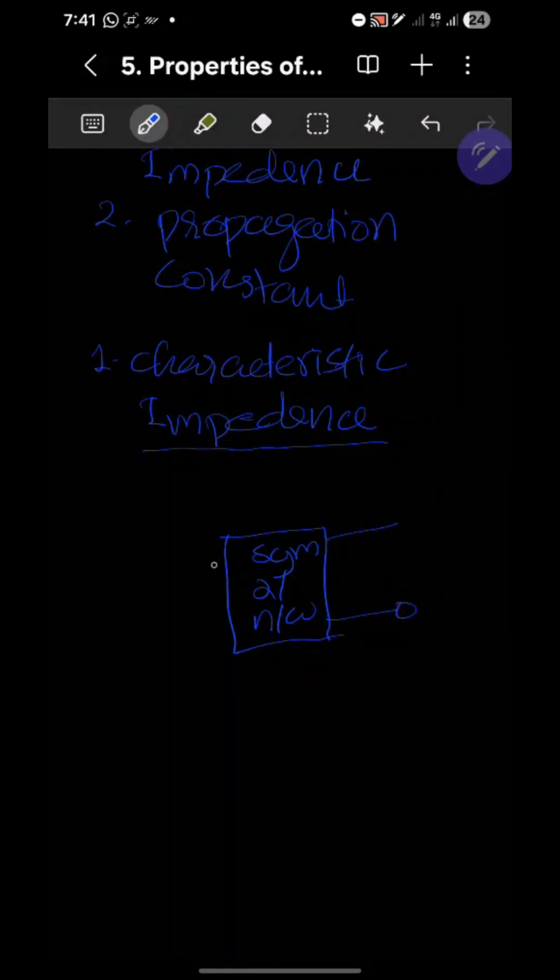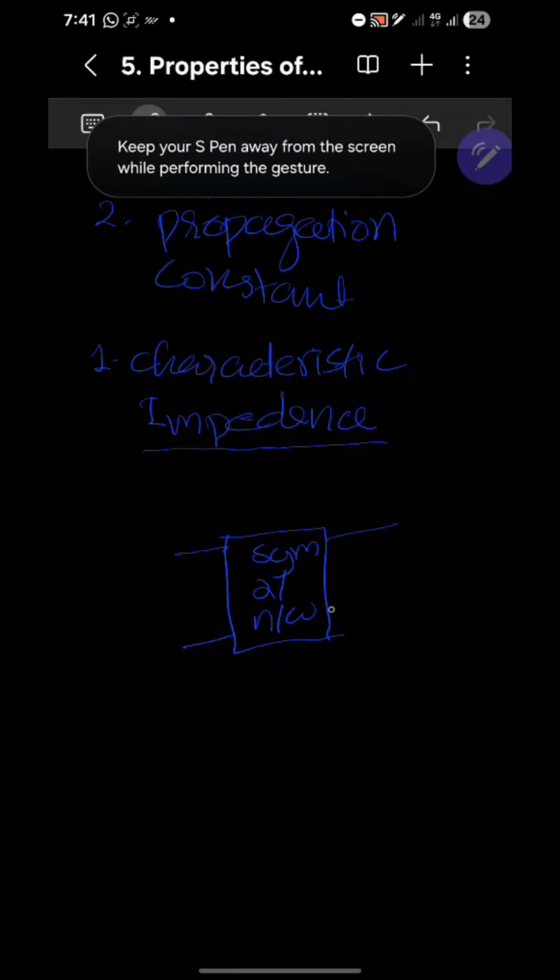So this is a symmetrical 2-port network, and if you are terminating the network with an impedance called ZO, and you are measuring the input impedance from the primary port, the input port, and you see the same impedance, so if we terminate the output terminal with ZO, and the impedance seen from the input terminal is also ZO, then such impedance is called characteristic impedance.